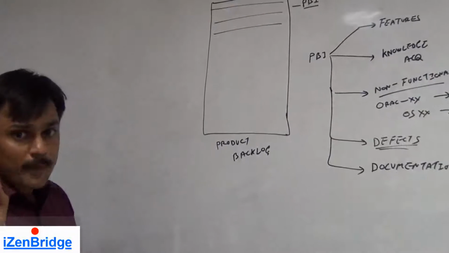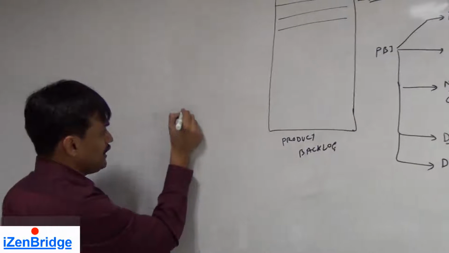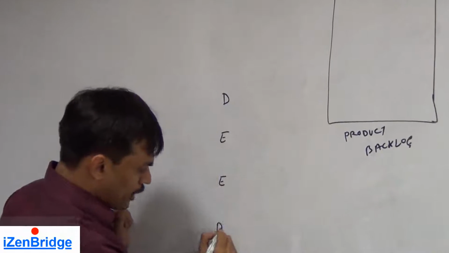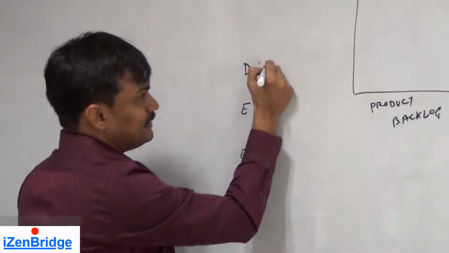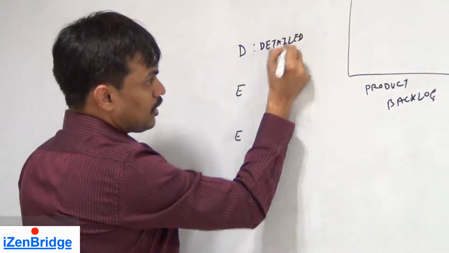Now, a good product backlog should be a DEEP. There is an acronym DEEP which represents the characteristic of a good product backlog. The D says detailed appropriately.